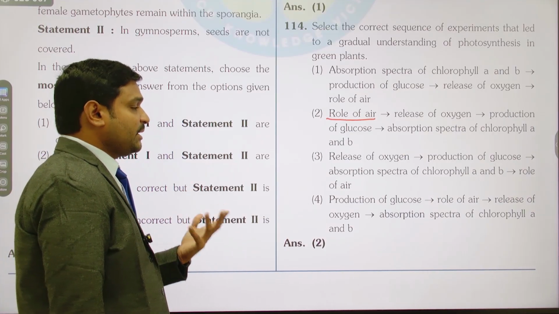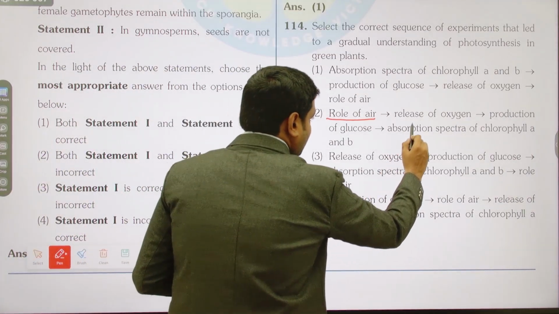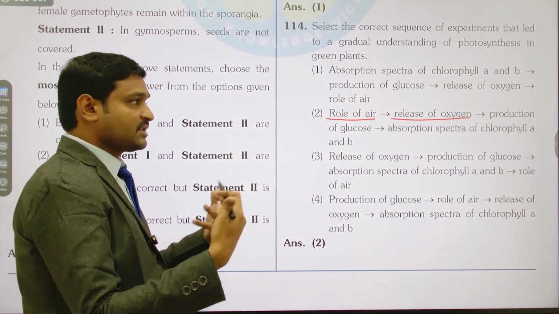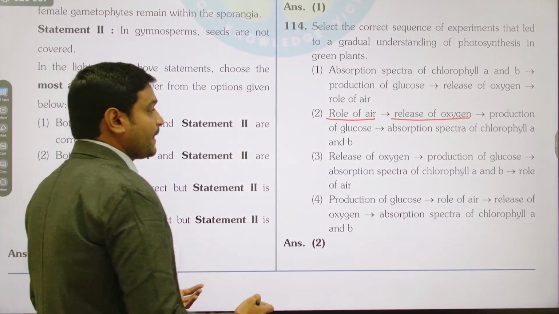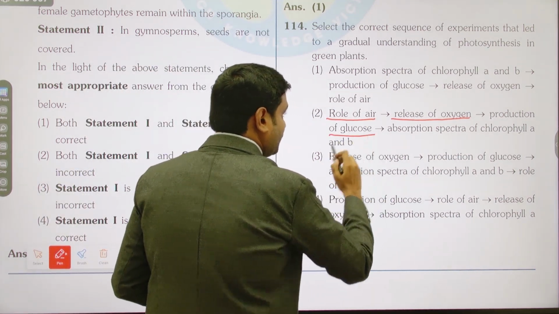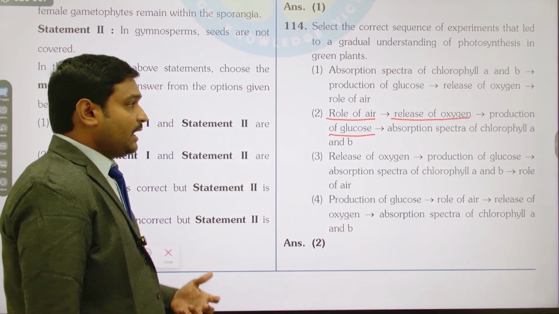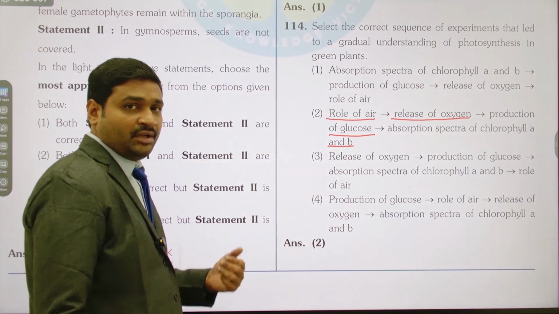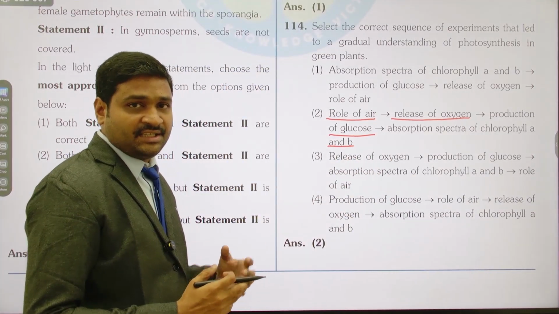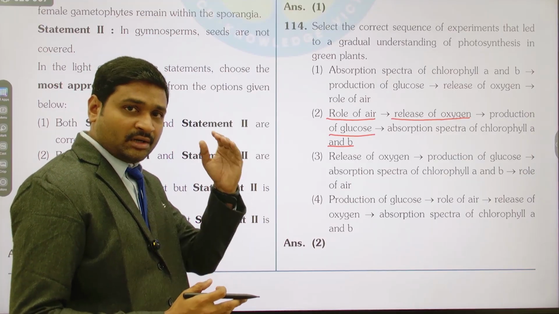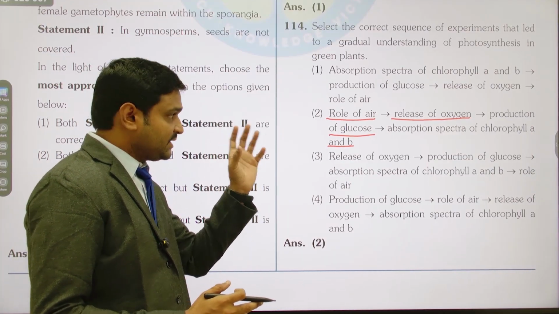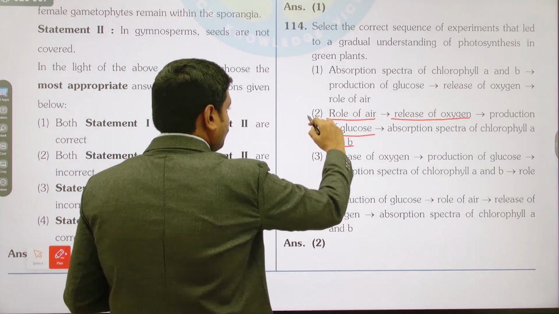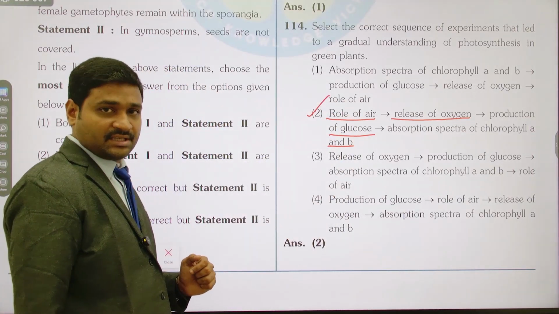Then the next one is the release of oxygen, another scientist's conclusion. Another scientist, the production of glucose. And another scientist, absorption spectra of chlorophyll a and b. According to NCERT, in line by line order of the sequence of the scientists, he is asking the conclusions. So clearly option number 2 is the correct order of the sequence.